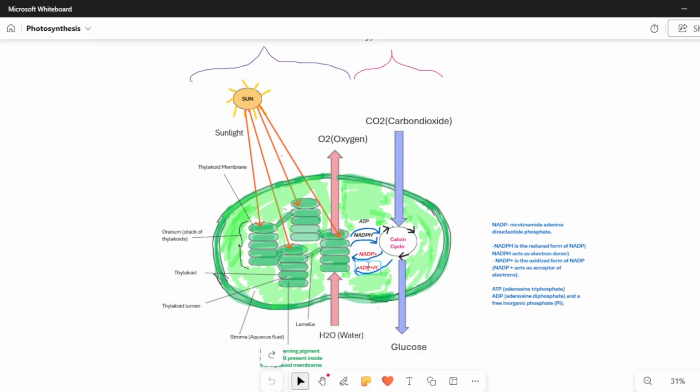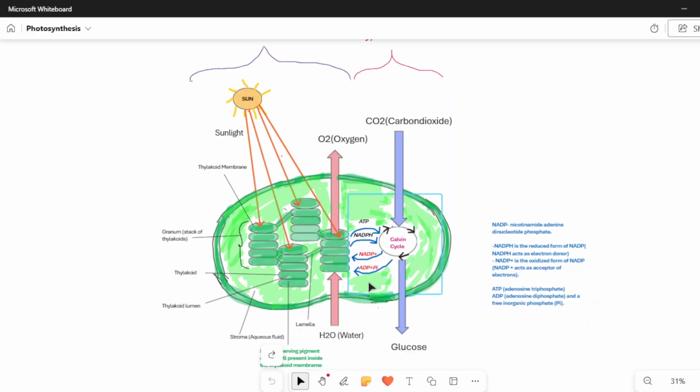Consider these two as the drained batteries. The battery is drained, so now it enters the thylakoid and gets recharged again, and it is sent back again to this Calvin cycle. And again, carbon dioxide is used and glucose is produced, and this cycle continues.